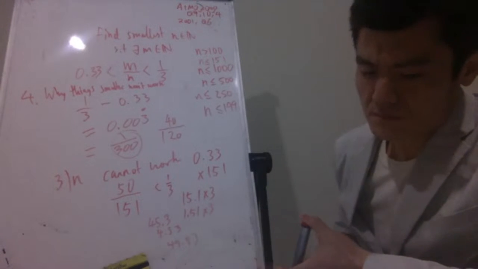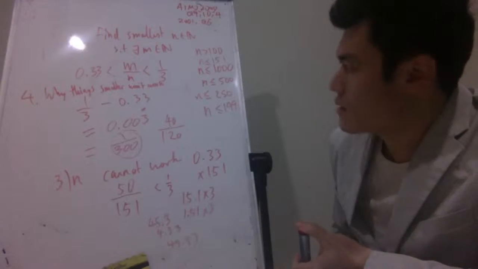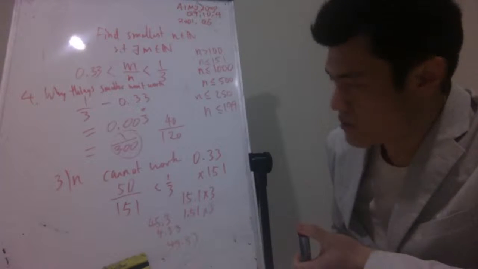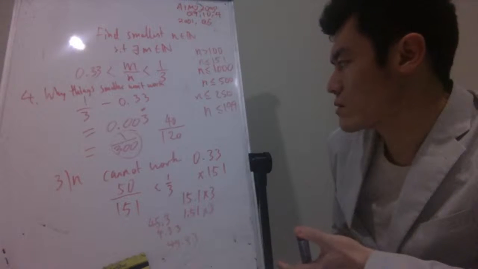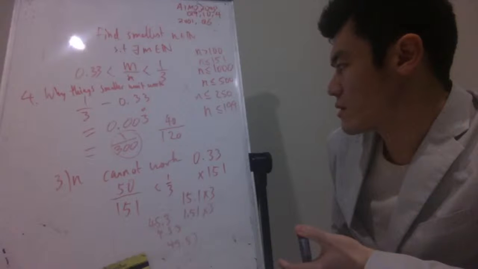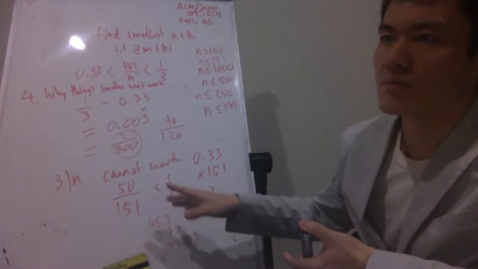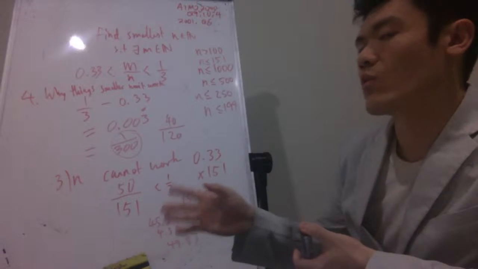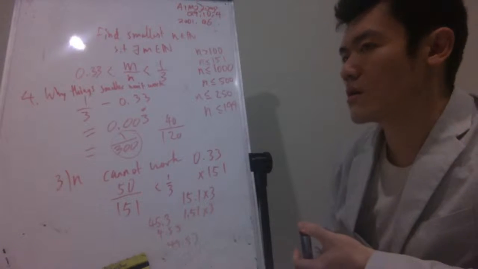Okay. And then finally, after thinking about it, I understood why this worked. Basically, in this range of numbers, anything that's remainder 1 when you divide by 3 will work.